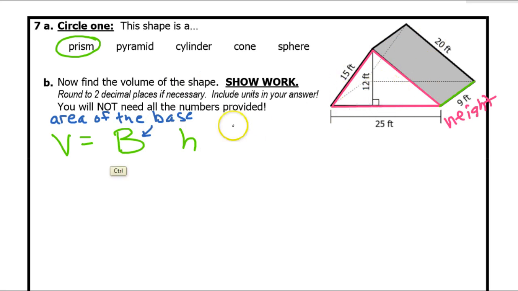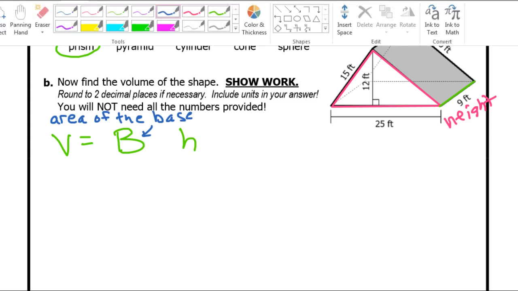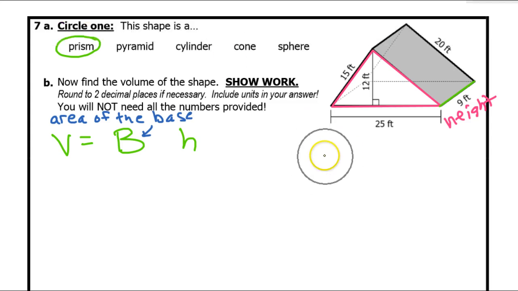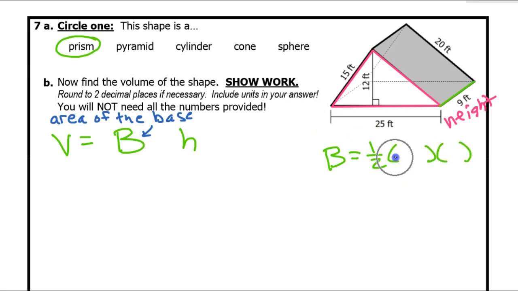So when they say area of the base, they're talking about the area of this triangle. So we need to find that before we do anything else. The area of a triangle is 1/2 base times height. The base of the triangle is 25, and the height of the triangle is 12.